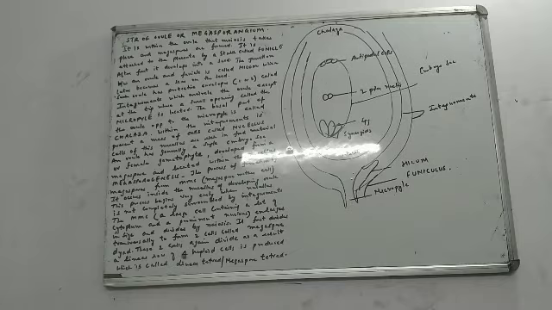We also said that each ovule has a protective envelope, which could be 1 or 2 membranes, known as integuments. They surround the entire ovule except a small opening, which is called micropyle. And the side of the ovule just opposite to the micropyle is called chalaza, C-H-A-L-A-Z-A.